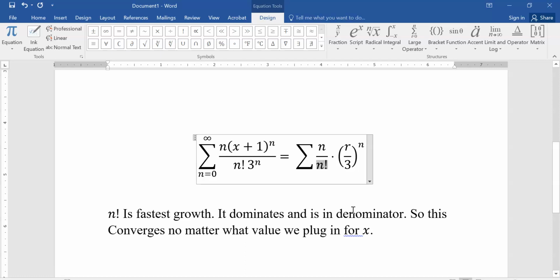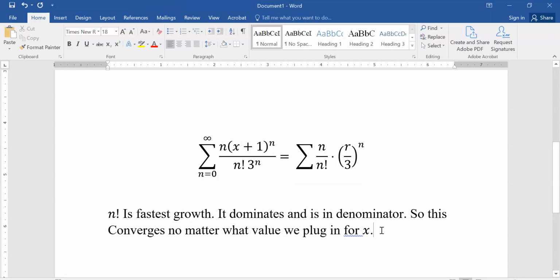Since it is in the denominator and it's dominating everything else because it's the fastest growth around, no matter what r is, n factorial grows faster. Since the n factorial is in the denominator, this series is going to converge no matter what you plug in for your r or for your x. All right, so this is one where it converges everywhere.